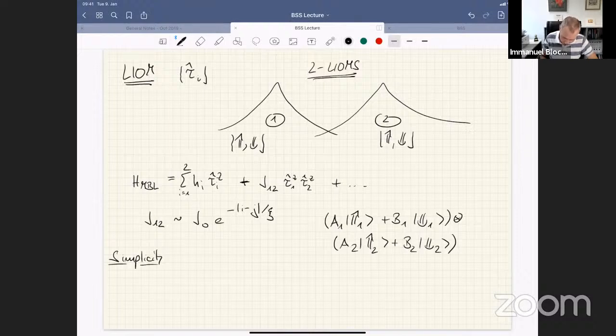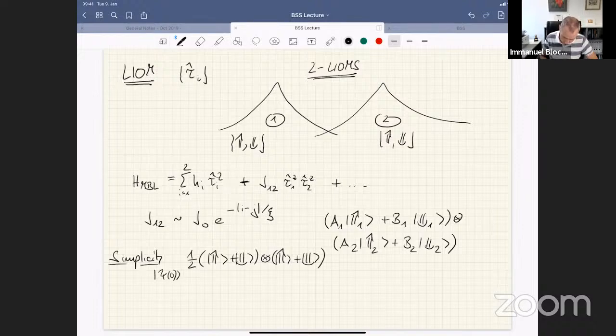So we basically have an initial state 1/2 (up plus down) tensor (up plus down) for the second LIOM. So that's our initial state, psi of 0.